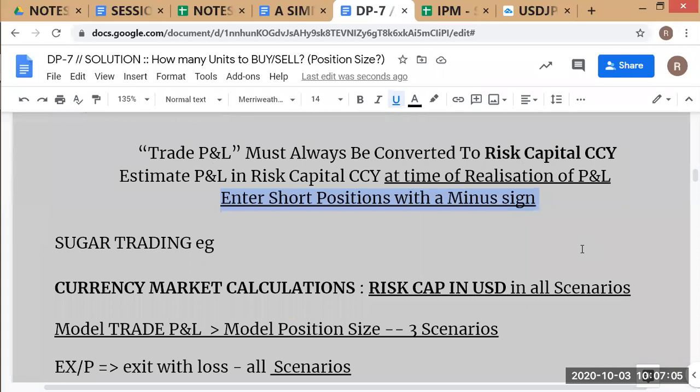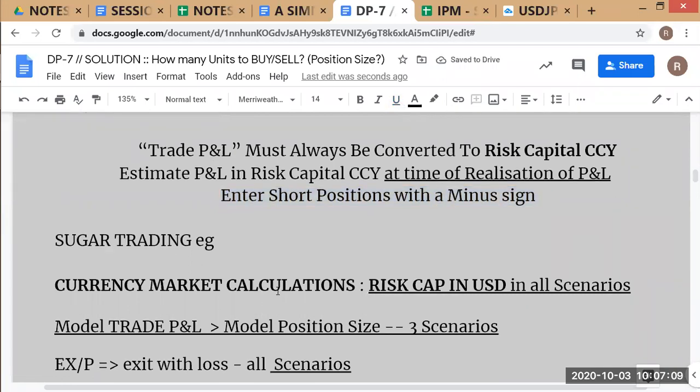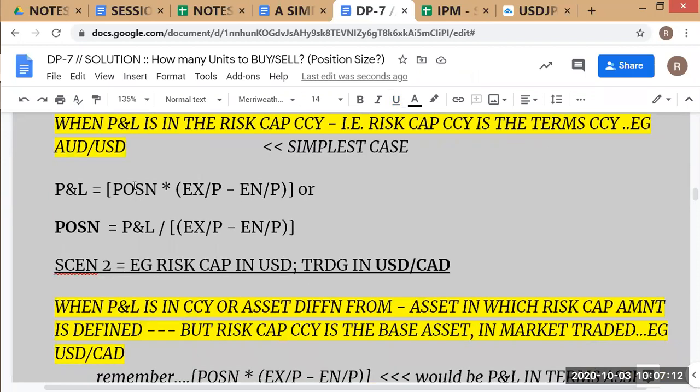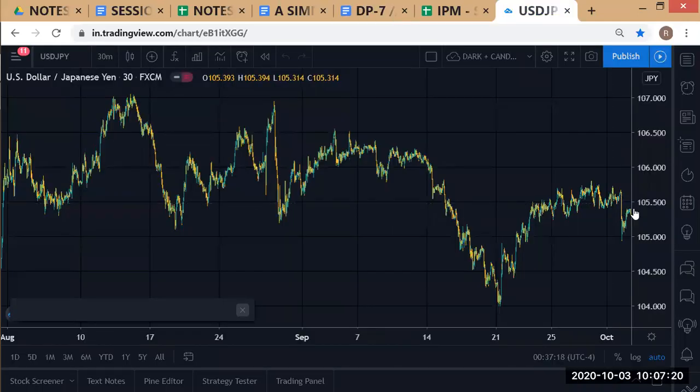Then you'll always get a projected negative P&L. In the case of long positions, the exit will be lower than the entry. If I go long at 105.50 with a stop at 104, exit minus entry is 104 minus 105.50, a negative figure. A plus position times a minus figure is a minus figure, so you get a loss projection. It will always work.